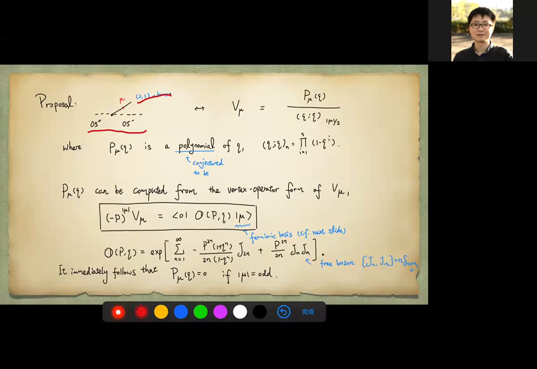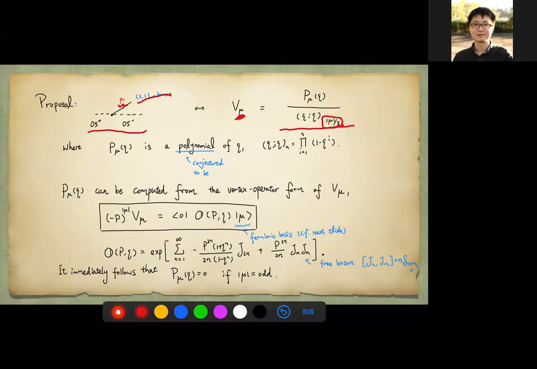Because we only have one fibril in this subdiagram, we have only one leg of this vertex, so it only has one subindex in the function, and we can write it in this form: P mu over some q-Pochhammer factor, and the denominator only depends on half of the size of the Young tableau.